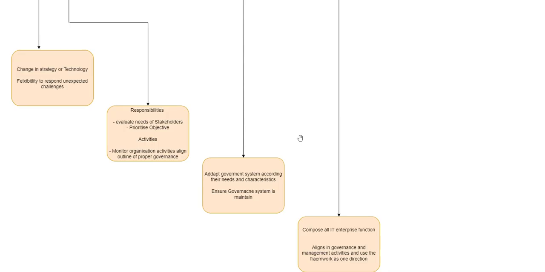What is important, what the priorities, challenges and risks are, and the principle that will be adapted, and the characteristics or components that need to be adapted in an organization as needed by the stakeholder or client. Ensure governance is maintained: the governance system principle will be maintained and organized synchronously.